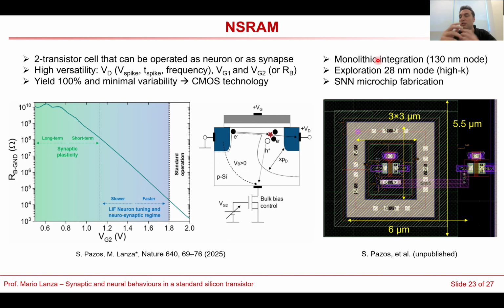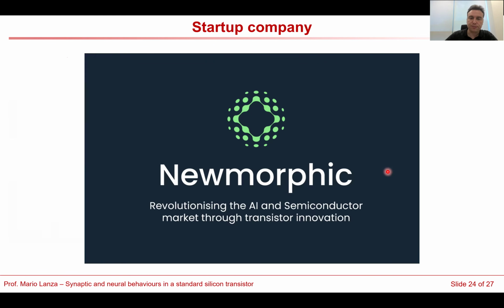We are exploring this phenomenon in transistors of the 28 nanometer node with high-k dielectric, and we are hiring several circuit designers to fabricate spiking neural networks using the two transistor cell that is integrated in the chip, as you can see here. This is the monolithically integrated cell.